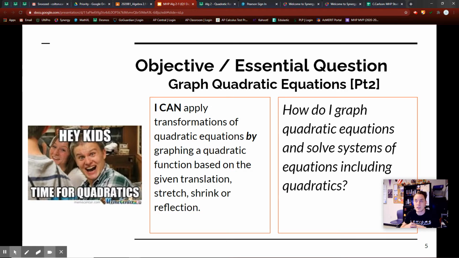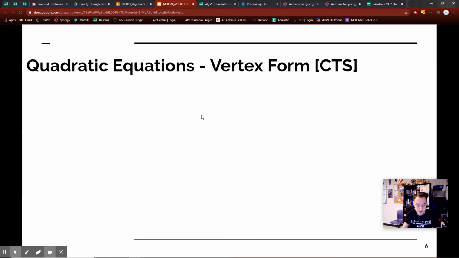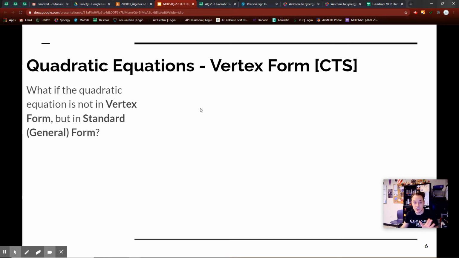And they're really beneficial just to see how you can graph a quadratic equation, but also how it intersects other linear equations. Okay, we are going to do a little bit about translations and shrinking and stretching, of course, but primarily we're going to be looking at just the intercepts and standard form. But we're going to be using all the same stuff that we did yesterday.